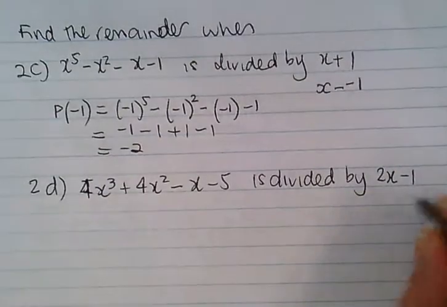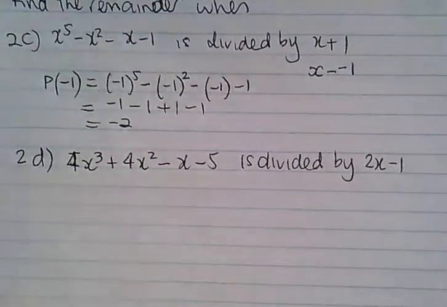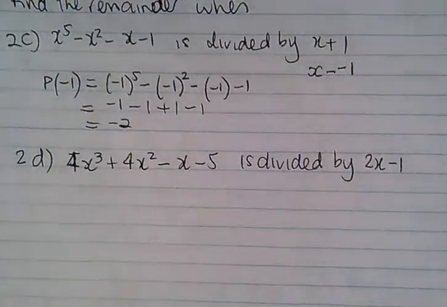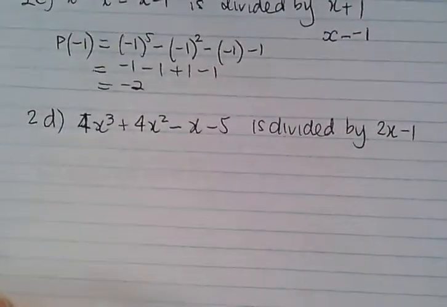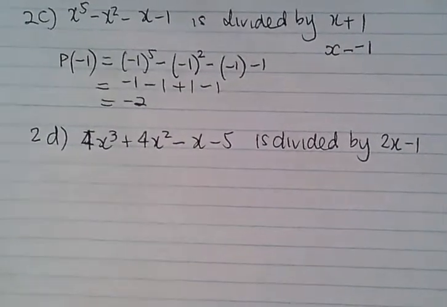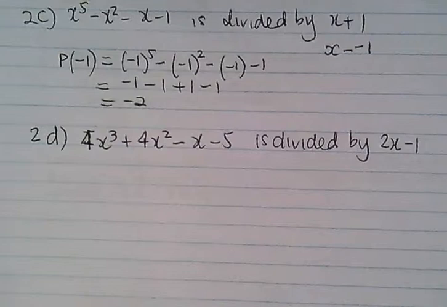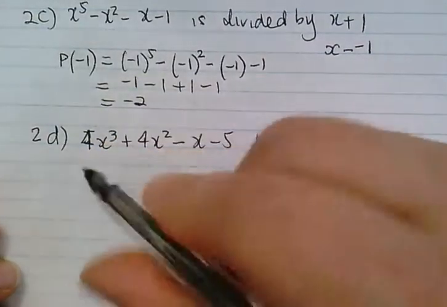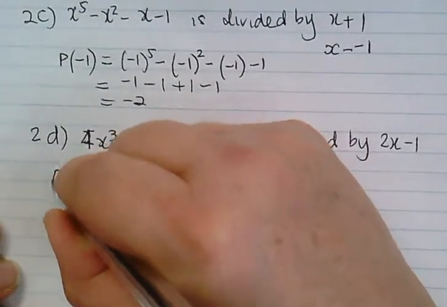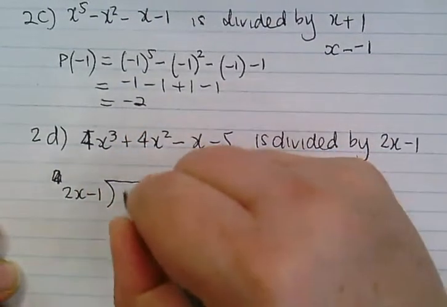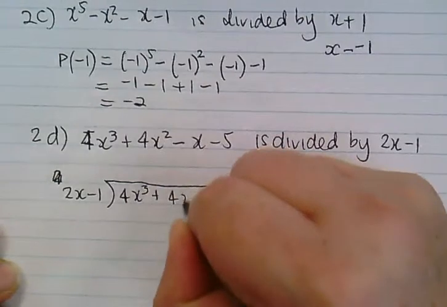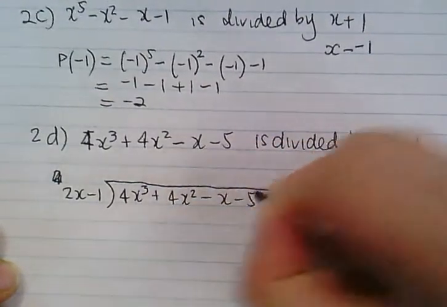Let's actually divide this one just for practice, and then we're going to see what we think we would substitute. All right? So let's just do a normal division: 2x minus 1 into 4x cubed plus 4x squared minus x minus 5.